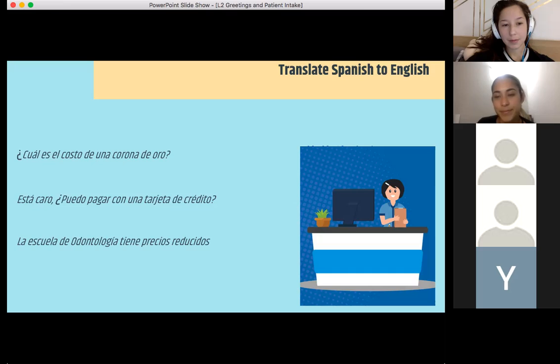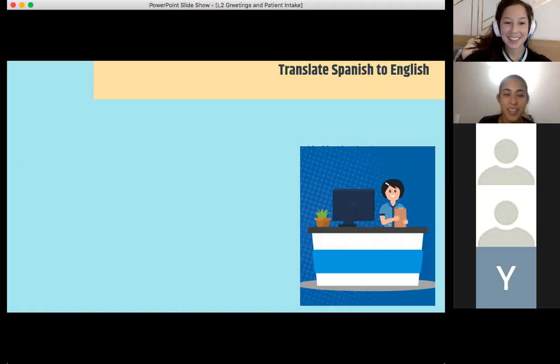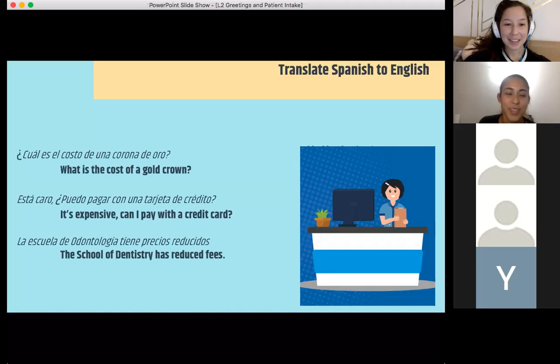The dental school has reduced prices. Yep, and it's true. Okay. So these are all good examples of how in Spanish we'll say the adjective after the noun. And also very useful phrases in the clinic.